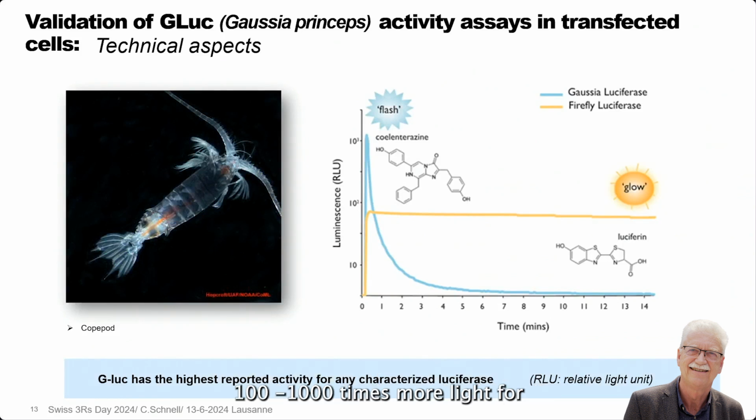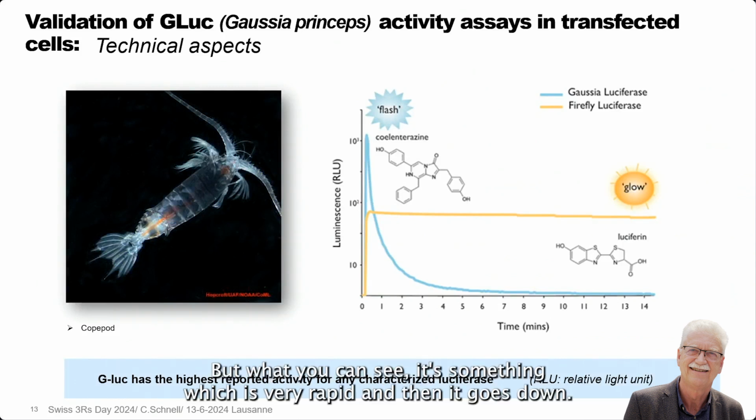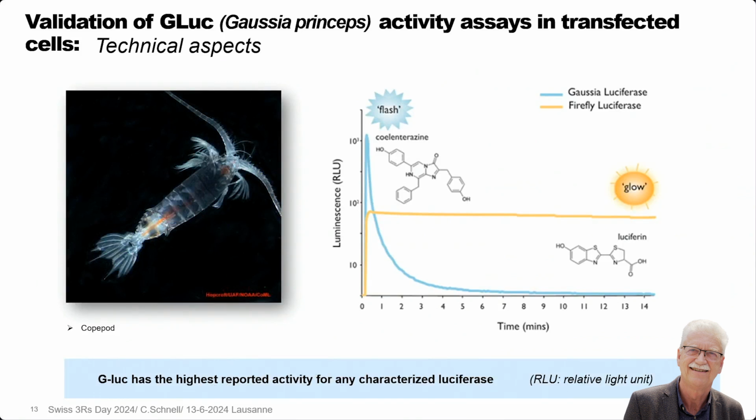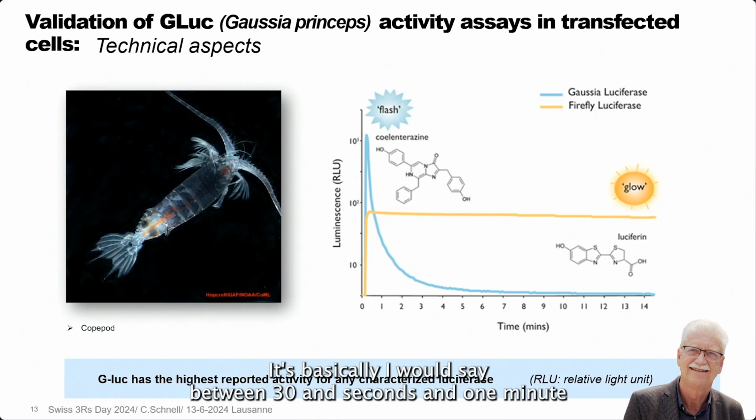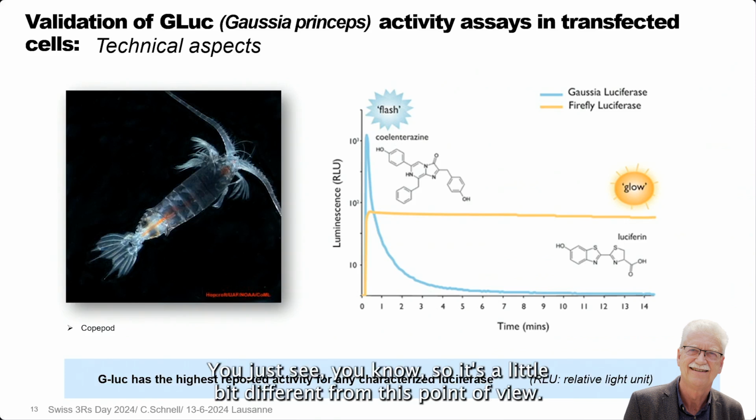It's basically 100 to 1,000 times brighter compared to the firefly. But you can see it's very rapid, and then it goes down. The firefly signal stays for 15 minutes. Here it's between 30 seconds and 1 minute where you have to catch your signal. So it's a little bit different from this point of view.